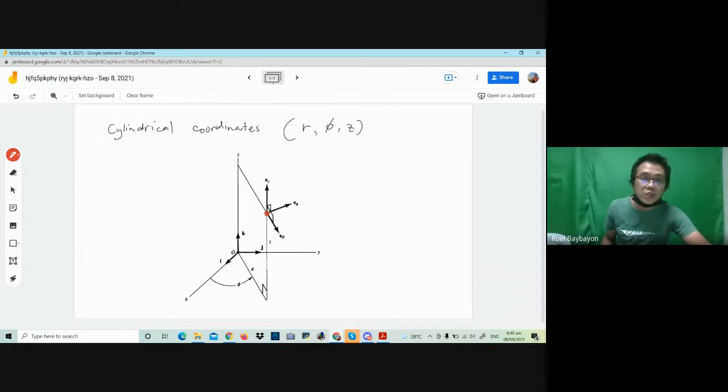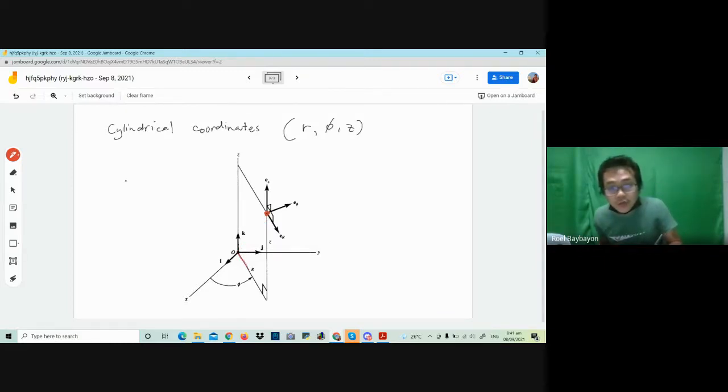The r, take note, is not the vector from the origin to that point. In spherical, r is the vector that starts at the origin and goes to the point. But in cylindrical, your r is actually this one.